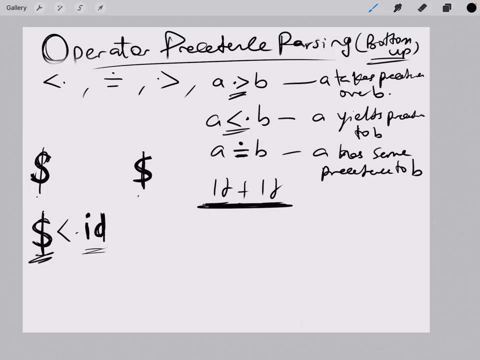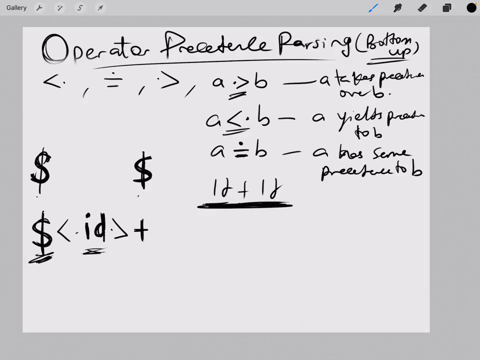All right. So this is the string. We have shown that the dollar sign yields precedence to id, but then id takes precedence over the plus, because we shouldn't be having the terminal be less important. This terminal is very, very important. This id is actually like the 2, the 3 there, and when we are doing 2 plus 3, 3 plus 2, we have to understand that the things we are adding are more important than the operator in this case.